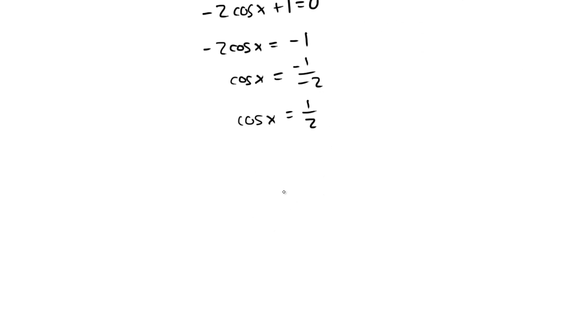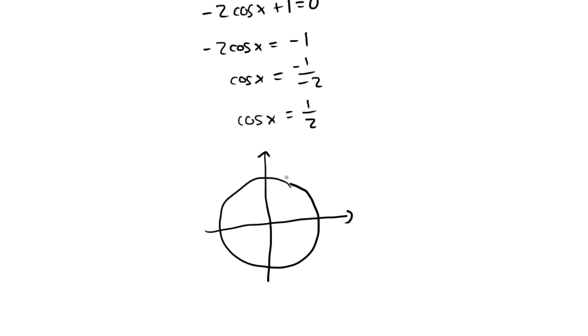Cosine of x is talking about the x value. So on our unit circle, where is the x value equal to 1/2? If we draw it down, we can see there are two angles that give us cosine of x equal to 1/2.